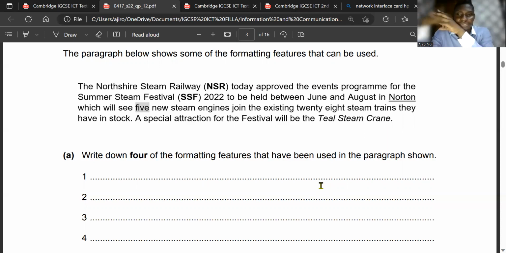Now, when we look at this, the N, this NSR, a formatting has been applied to it because it's different. That is Ctrl plus B. A bold feature has been applied to it. What else again? Now look at Newton. Underline feature.